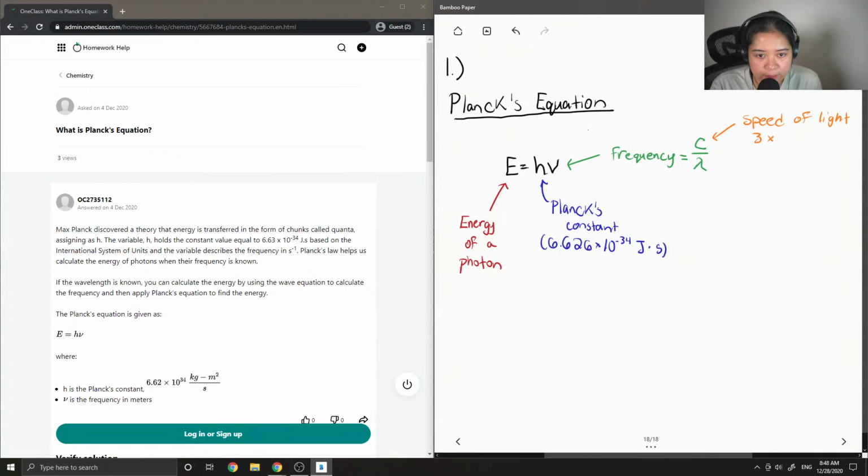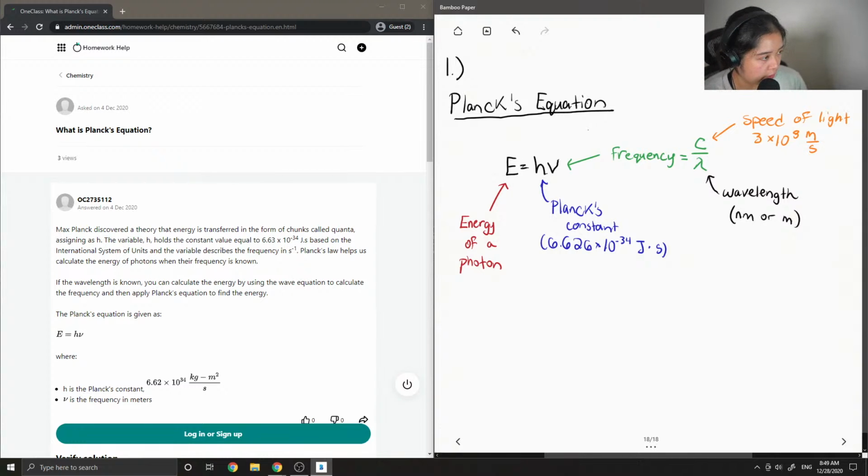It's 3 times 10 to the power of 8 meters per second. And lastly, lambda is wavelength. Wavelength can either be in nanometers or meters.